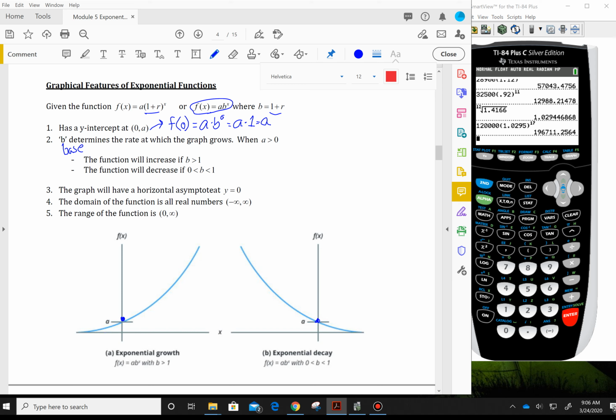Notice the graph will always have a horizontal asymptote at the line y equals 0. The domain of the function, all real numbers. It goes forever to the left and forever to the right. And the range of the function is all positive numbers.